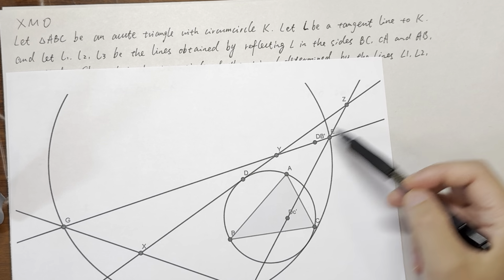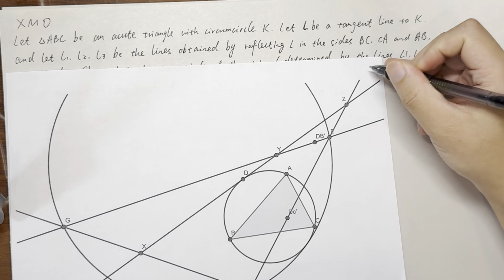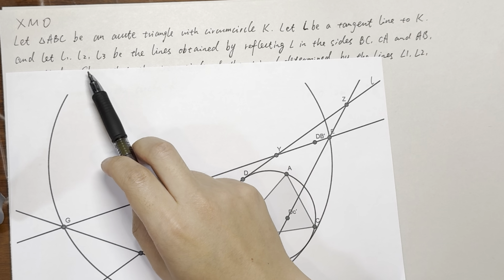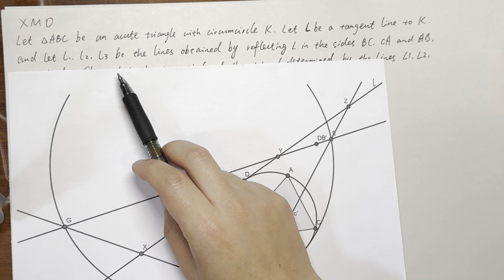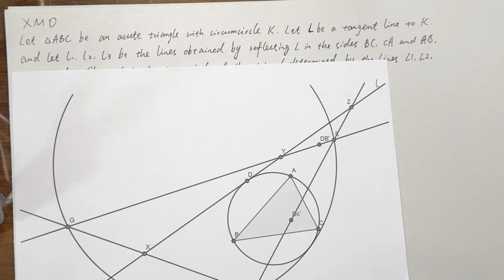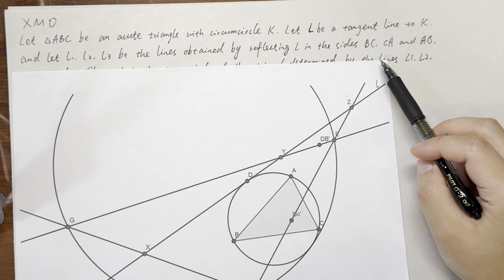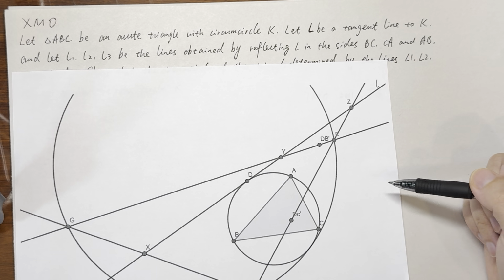Right, that's a tangent line, which is line L. And let L1, L2, L3 be the lines obtained by reflecting L in the sides BC, CA, AB.